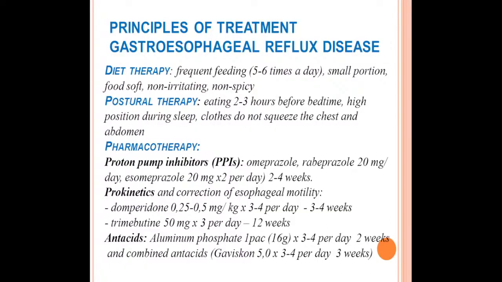The dose of domperidone is 0.25 for a younger baby, up to 0.5 milligram per kg, 3-4 times per day during 3-4 weeks.